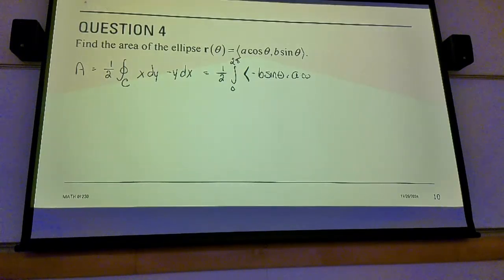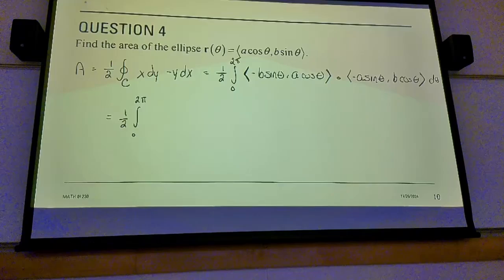That gets dotted with negative a sine theta, b cosine theta. That's what? ab sine squared theta plus ab cosine squared theta.